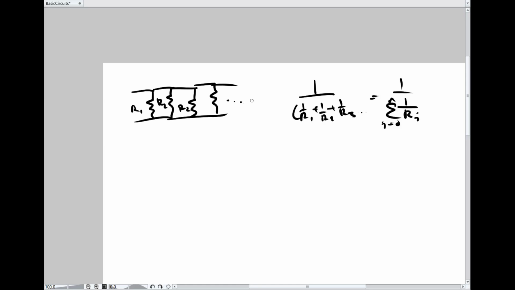Or, I can call this conductance equivalent, which is just the sum of all the individual conductances.